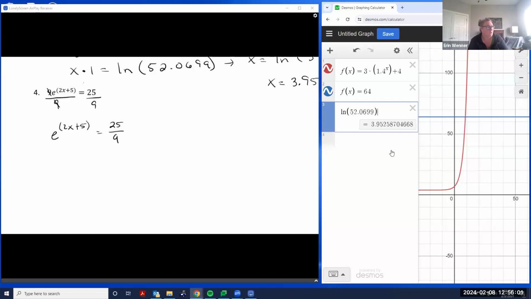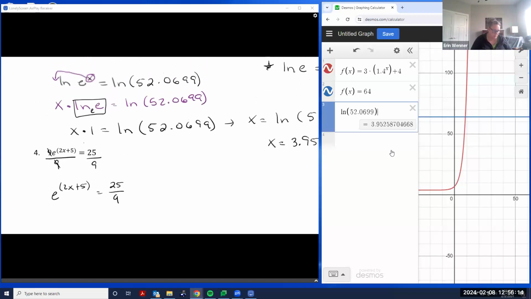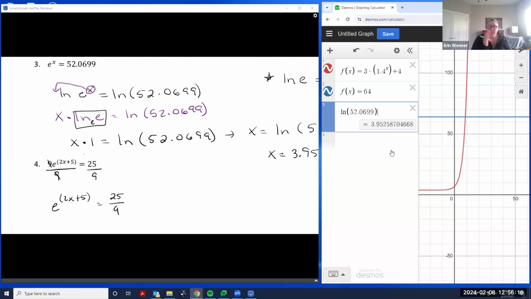Okay. So now that I have e to the 2x plus 5 power equals 25/9, our step at this point isn't actually any different than what I did in number 3. We're just taking the natural log of both sides because we're trying to get to that exponent stuff.